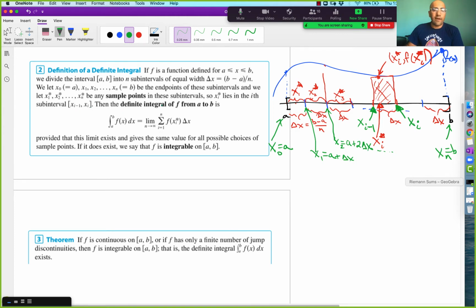Okay, then we define the integral of f from a to b, right? We introduced this notation, the integral from a to b of f of x dx, to be equal to this guy, the limit as n goes to infinity of this Riemann sum. Provided this limit exists and gives the same value for all possible choices of the sample points, if it does exist, we say that f is integrable on a to b.